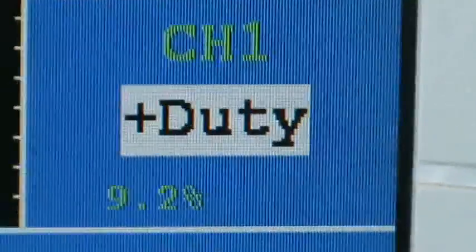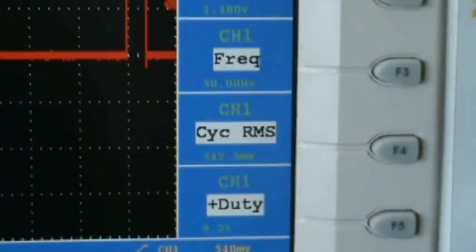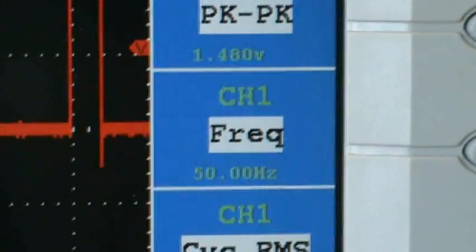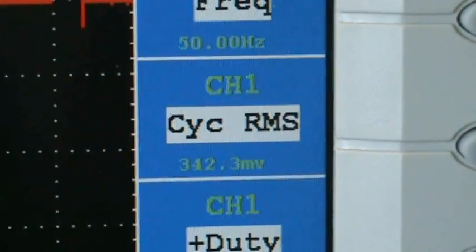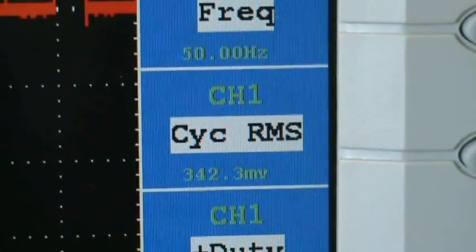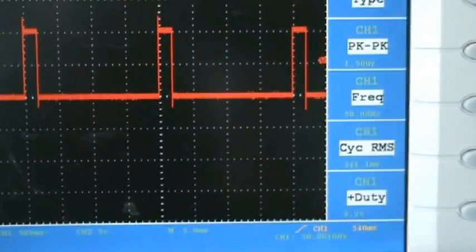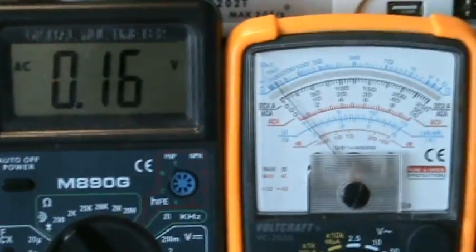Duty cycle is 9.2% it says, and frequency still 50 Hertz, and the RMS is 342 millivolts. So this is the way I will measure it for the 4 different duty cycles.